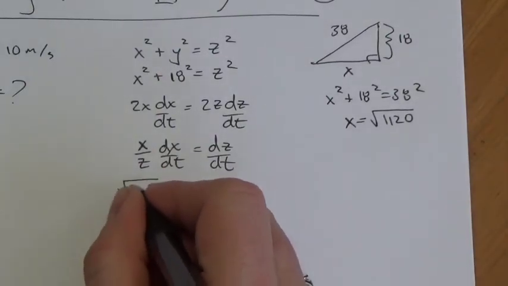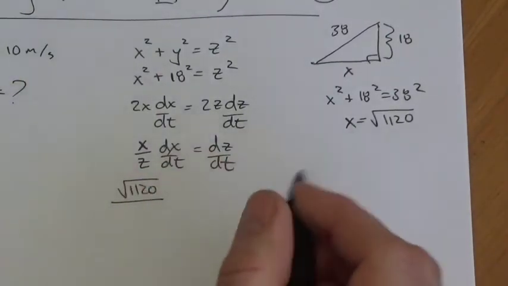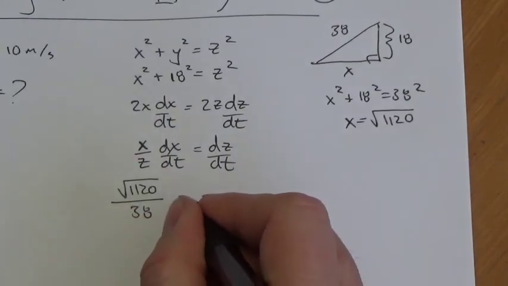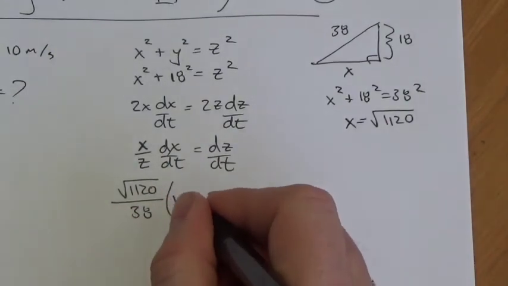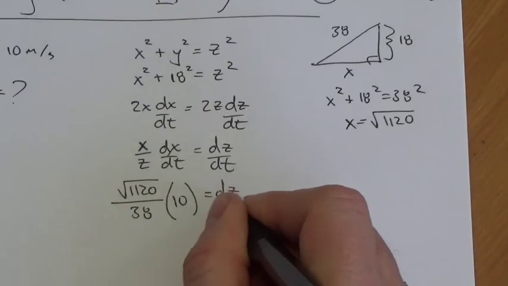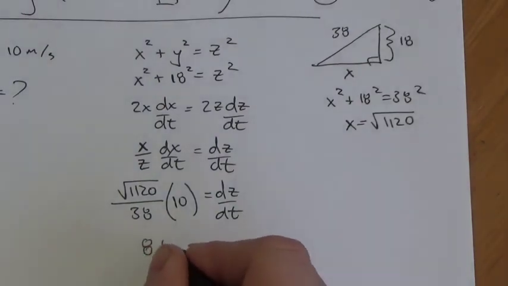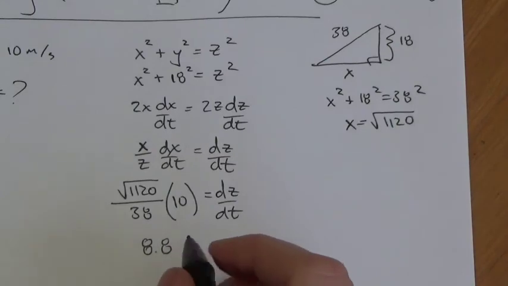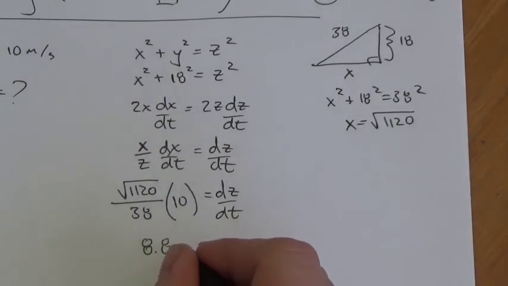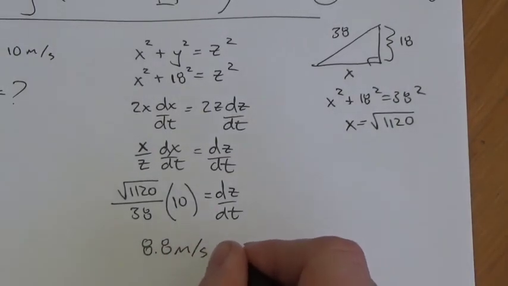So x is the square root of 1,120 over z, which is equal to 38. dx by dt is 10. Here's my dz by dt, so I'm just going to evaluate that now. Multiply by 10, divide by 38. And we get, at that particular moment here, that weight is flying upwards at 8 meters per second.